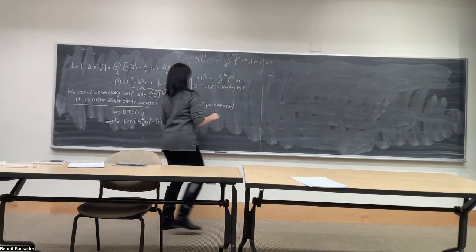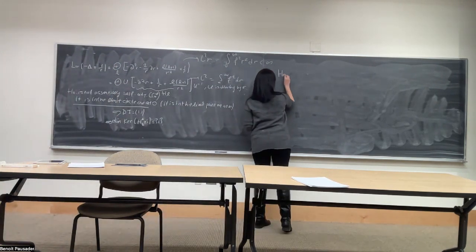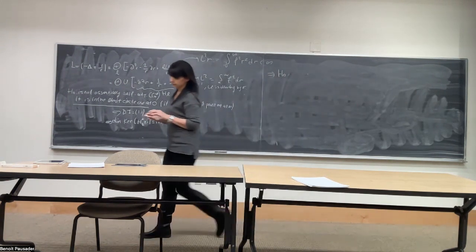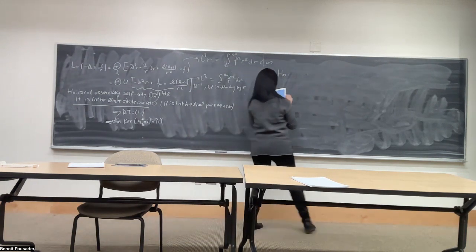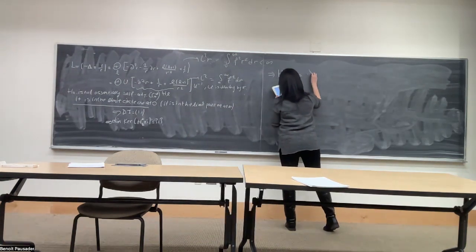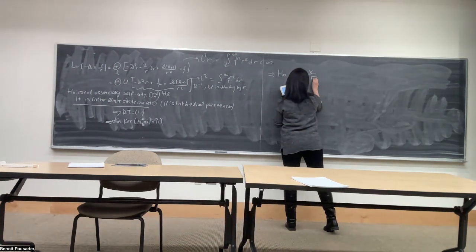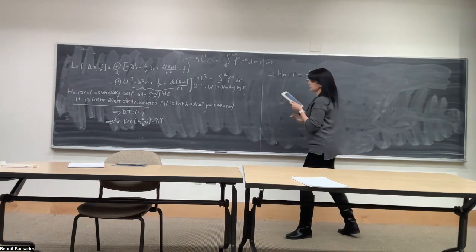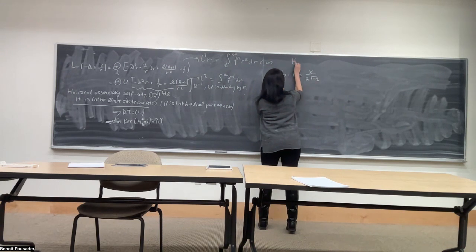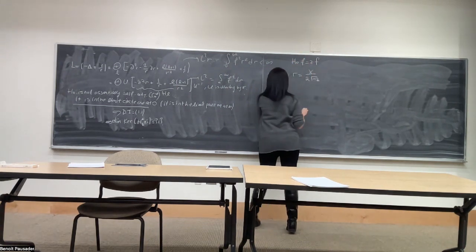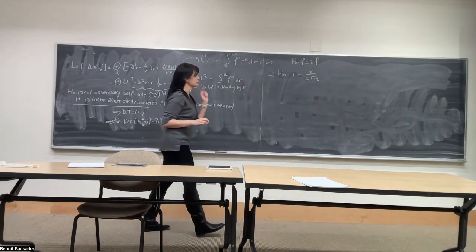So what I did for H0 is a change of variable. I said r is equal to x over 2 root of negative z, and I was finding the solutions of these.